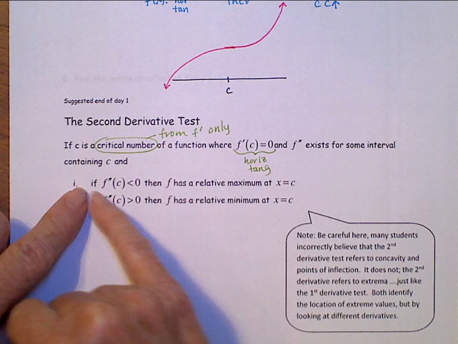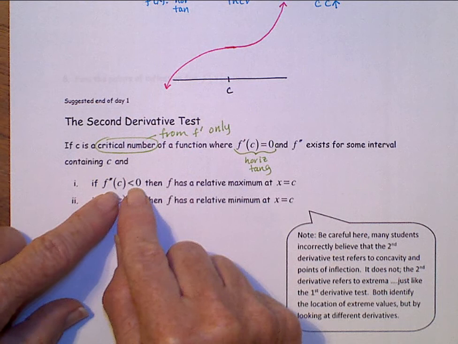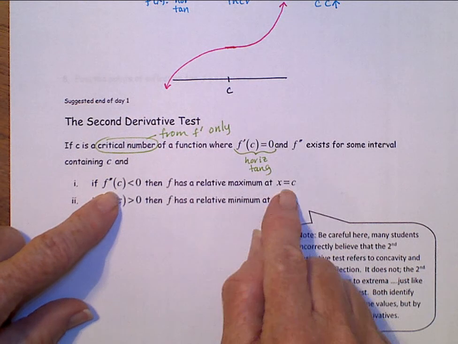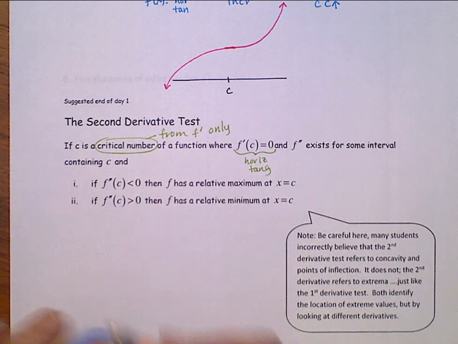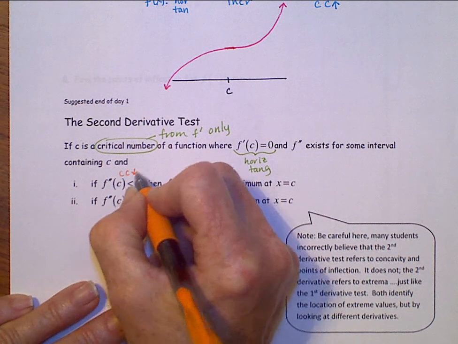So we have a critical number from f prime and we have a horizontal tangent there. If f double prime is less than 0, then f has a relative maximum at x equals c. Let's think about this. F double prime less than 0 means concave down.